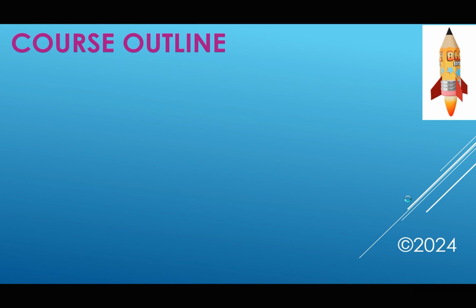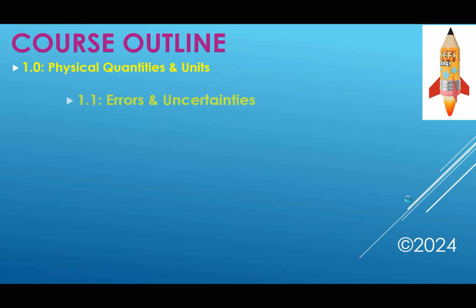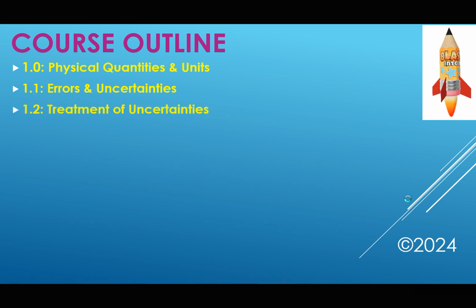Do not forget the course outline of the topics you're supposed to cover by the time you finish your AS. You must have covered these topics: physical quantities and units, errors and uncertainties. By the way, I've recorded solved past paper questions under errors and uncertainties, treatment of uncertainties, so you should always check them out.